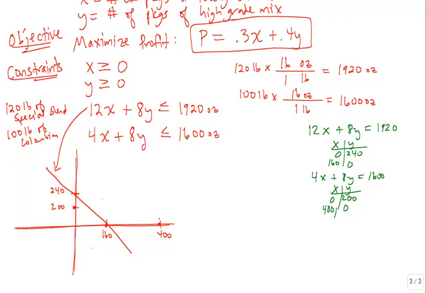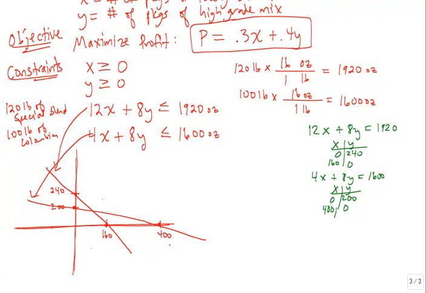So graphing that, it's going to look something like this. And that's that equation. So if we were to plug in the origin into that as well, 0 is less than or equal to 1600, so we would want to shade below that line.